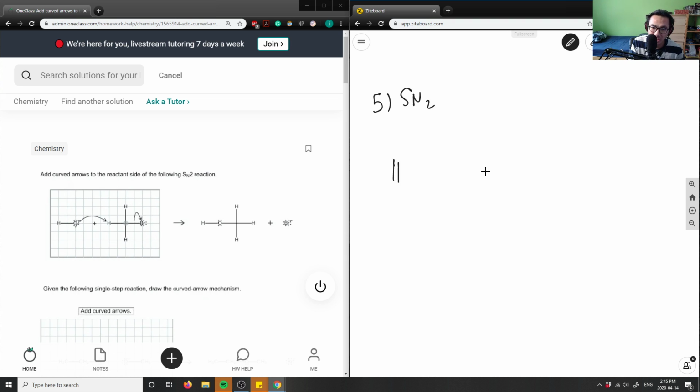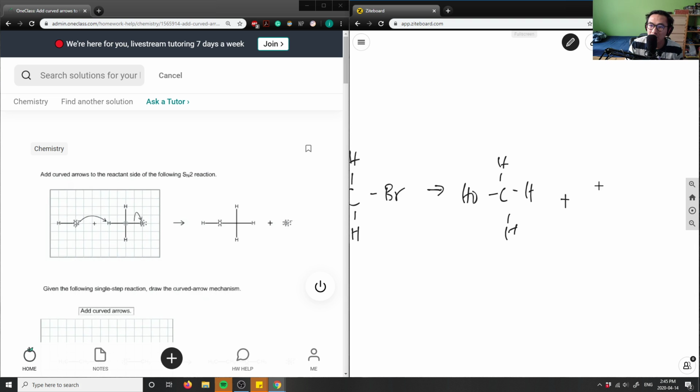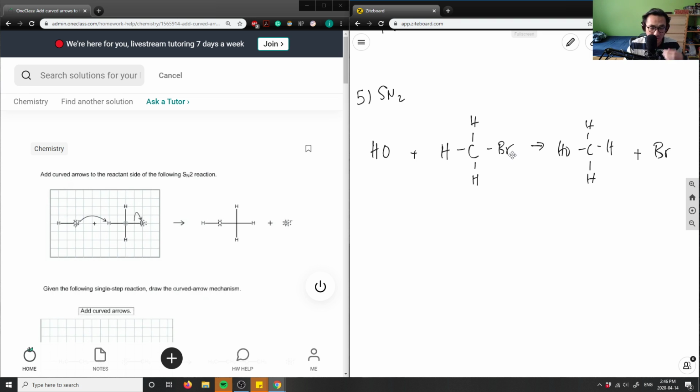I have here an OH group, and then I have H bond C bond Br bond H bond H. Then I'm going to get a substitution: OH bond C bond H bond H bond H plus Br minus, right? Very classic example of an SN2 reaction. So again, I'm adding some curved arrows to this SN2 reaction. How would I add the curved arrows here?